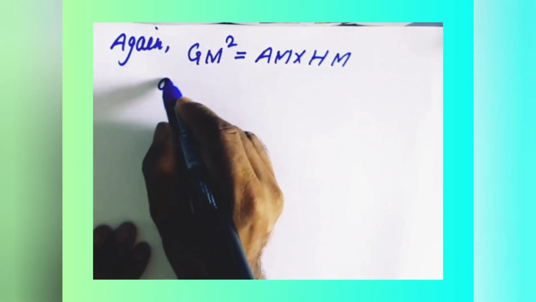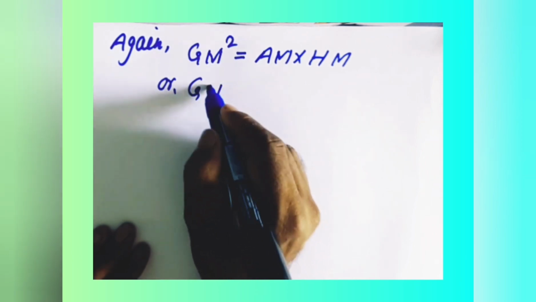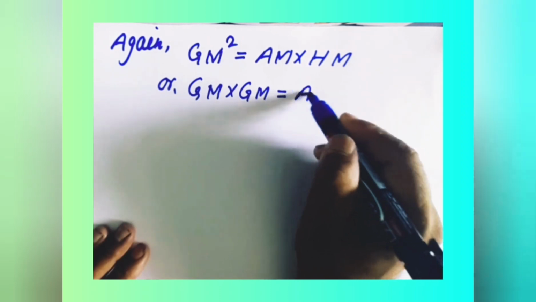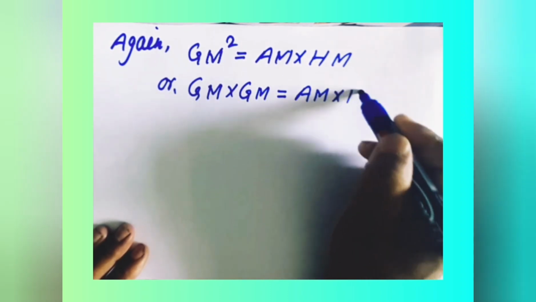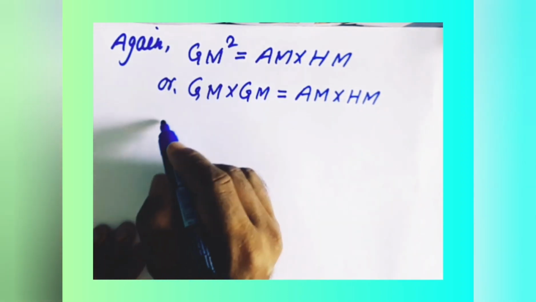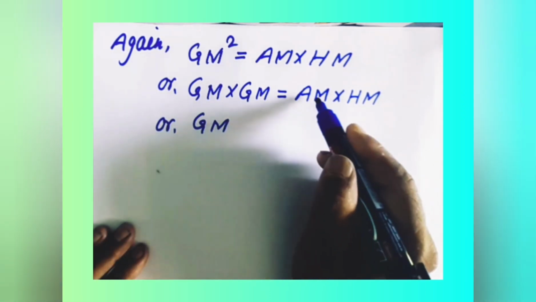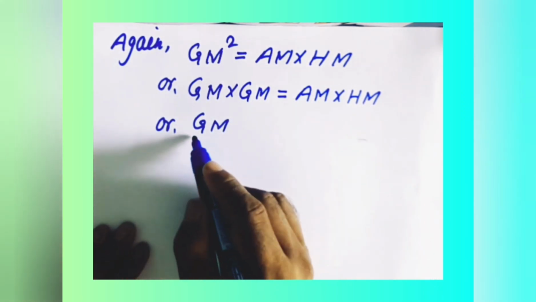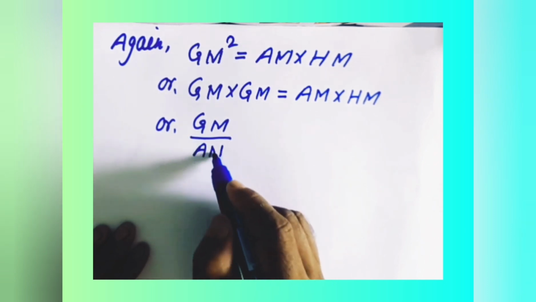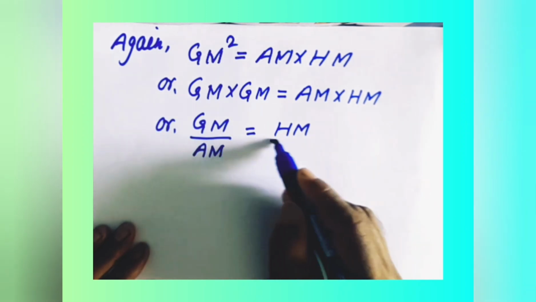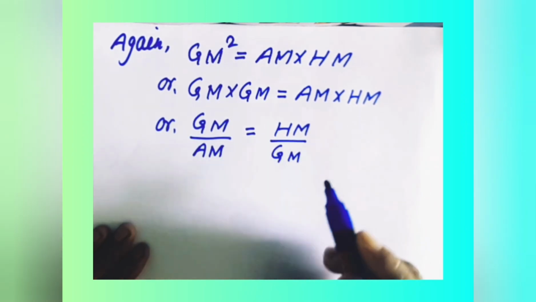So GM square means GM into GM is equal to AM into HM, the harmonic mean. Shifting this GM and this AM, we get AM upon GM is equal to HM upon GM.